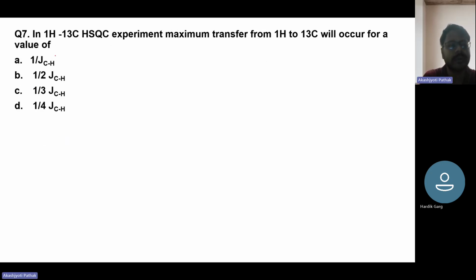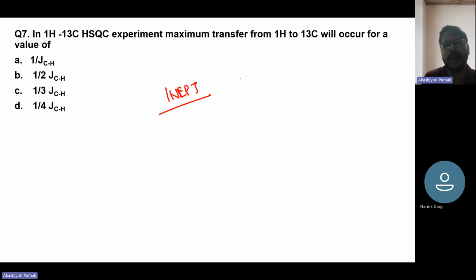Now answer this question. In a proton C13 HSQC experiment, maximum transfer from proton to C13 will occur for a value of what? What you were seeing is that the transfer of magnetization from proton to an X nucleus takes place by the introduction of the INEPT sequence.